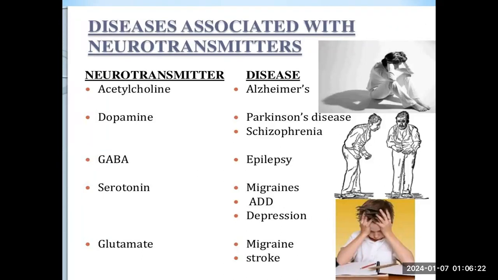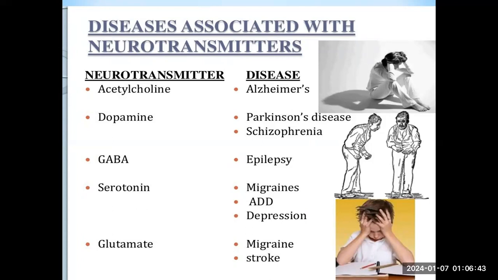Diseases associated with neurotransmitters. For example, acetylcholine is associated with Alzheimer's disease. Dopamine is responsible for Parkinson's and schizophrenia. GABA, for epilepsy.